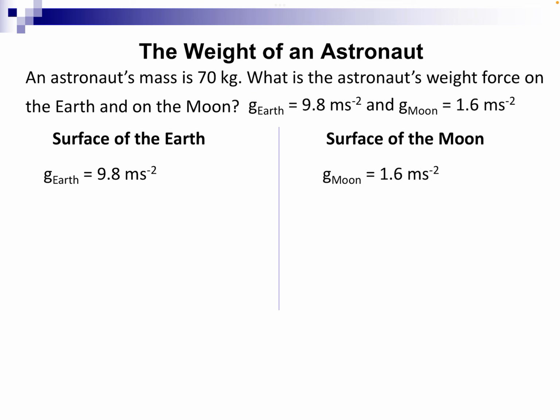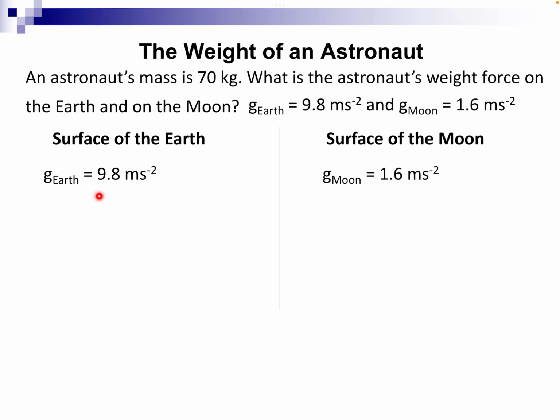Right. So let's look at this example to further distinguish between weight and mass. An astronaut's mass is 70 kilograms. What is the astronaut's weight force on the Earth and on the Moon? The gravitational acceleration of the Earth is given, and the gravitational acceleration of the Moon is also given.